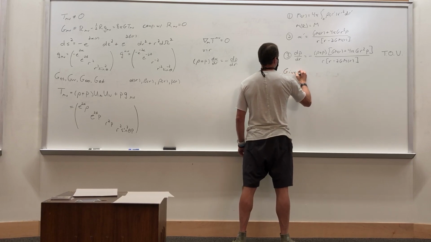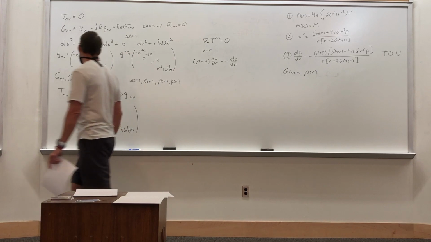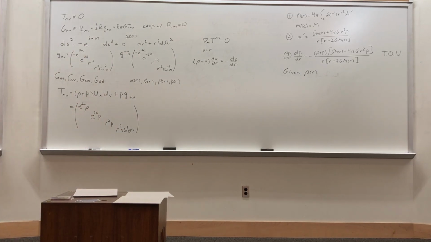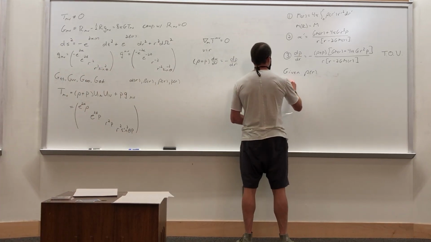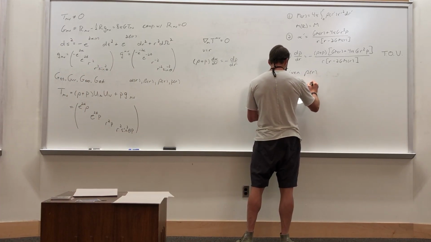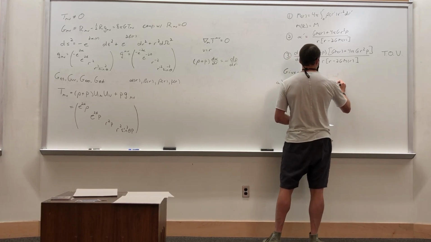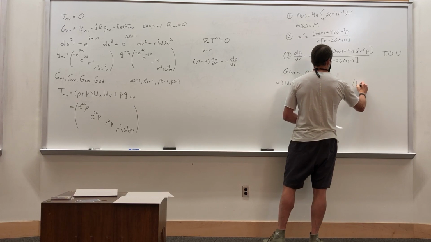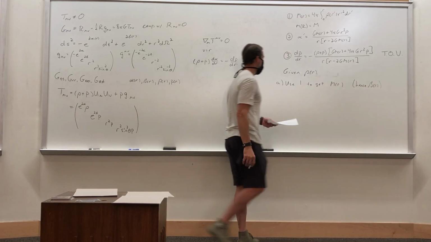Given the energy density as it varies with r, we can do step A, which is to use equation 1 to get m of r, and hence beta of r, should we want to work in terms of beta.